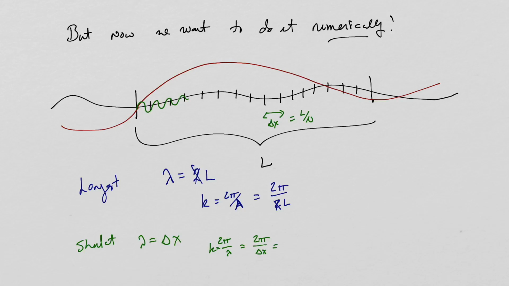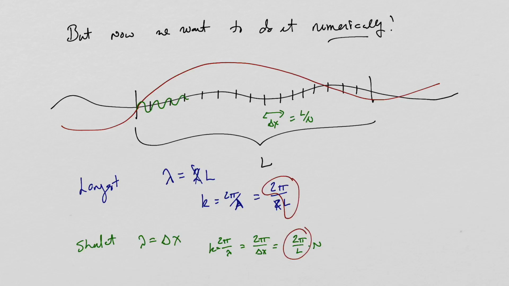Well, delta x is L over N, so that's something like 2 pi over L times N, right? And I get this idea that the longest possible thing I can see is on the order of L, the shortest is on the order of delta x, and the two wave vectors actually have this 2 pi over L in common.